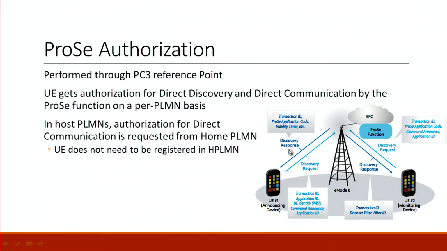So this is how it will happen. It will send a discovery request, first of all, asking for permission to discover who's in the neighborhood. It will send the application ID saying, I will need to discover nearby cars.